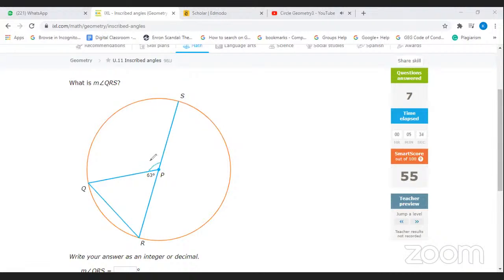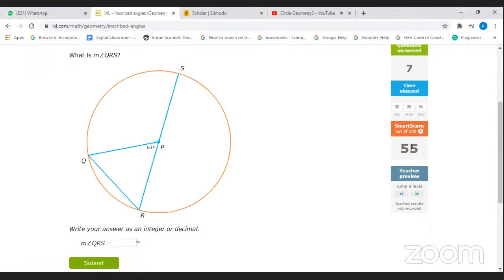That's 180 minus 63, which gives us 117. 117 divided by 2 gives us 58.5.